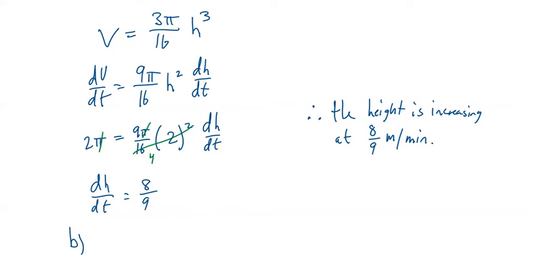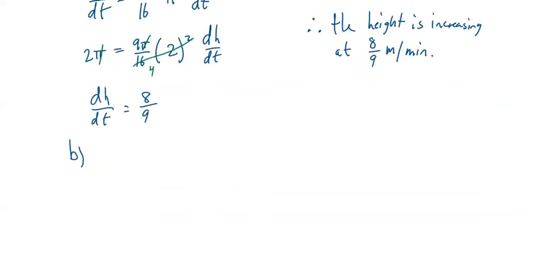B is still asking for a change in height to find dH by dt. dV by dt is still the same, 2 pi. This time it gives me volume. What's different about this question from the last question? It tells me the volume is 12 pi.